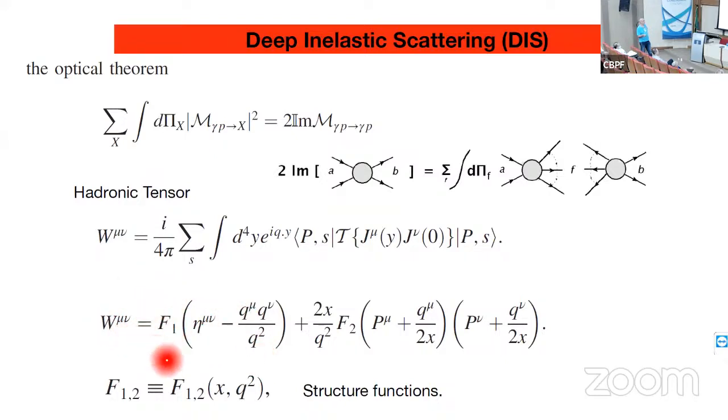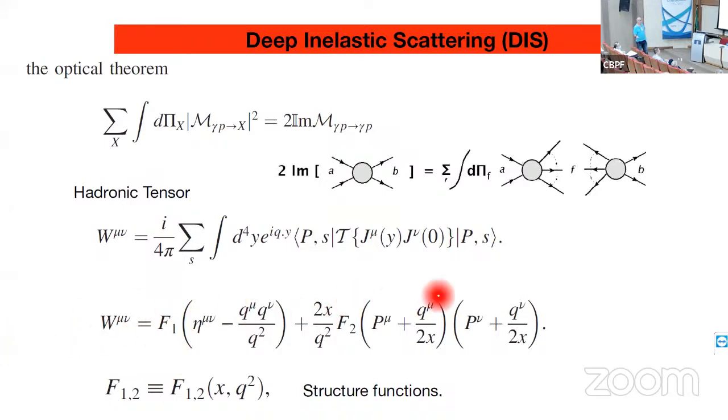One is proportional to this F1 and the other to this F2, which are the structure functions, functions of the Bjorken parameter x and Q squared. Q squared is related to the virtuality of the photon. And they have these behaviors in terms of the Lorentz vectors that you have. P mu and P nu are the proton momentum, and K nu is the photon momentum. Eta mu nu is the Minkowski metric.